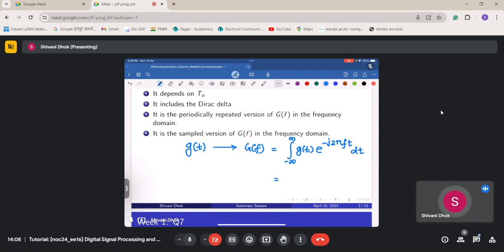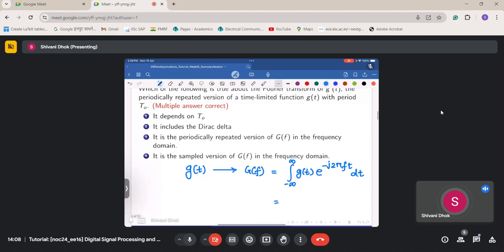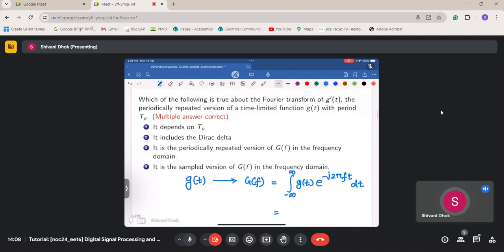Since it is a time limited function repeated with a period of T naught, we can safely say that from minus T naught by 2 to T naught by 2, this signal will be there.